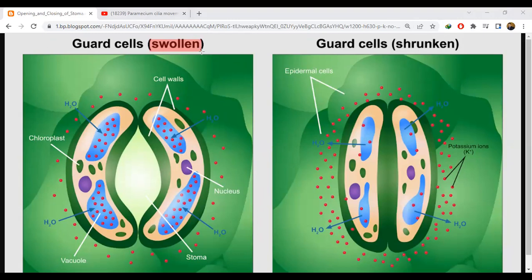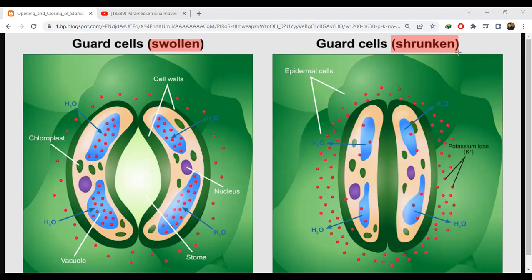Understood? Okay. Here, what kind of state? Shrunken. That means plasmolized. What has happened to the stomata? Closed or open?